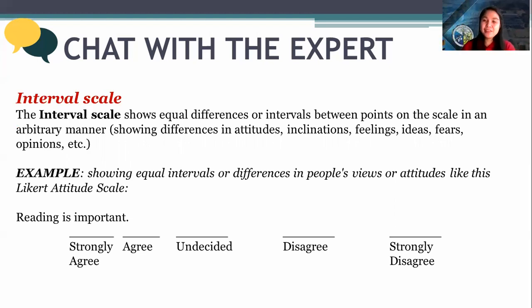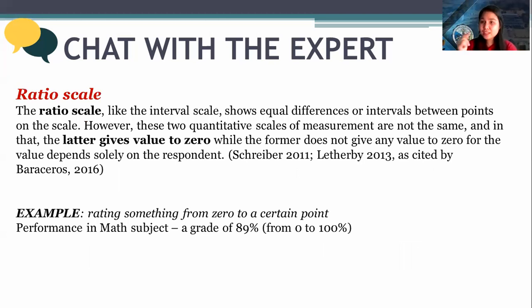So if you have Likert attitude scales, rating scales, these are interval scales. While for the ratio scale, the answer is a real number. For example, what's your grade in a math subject? 89.